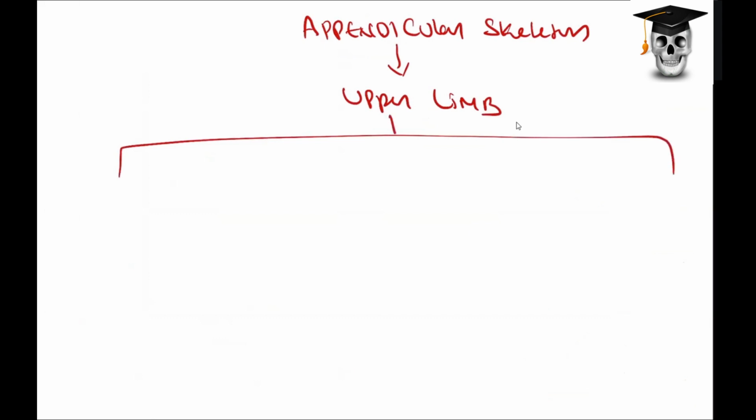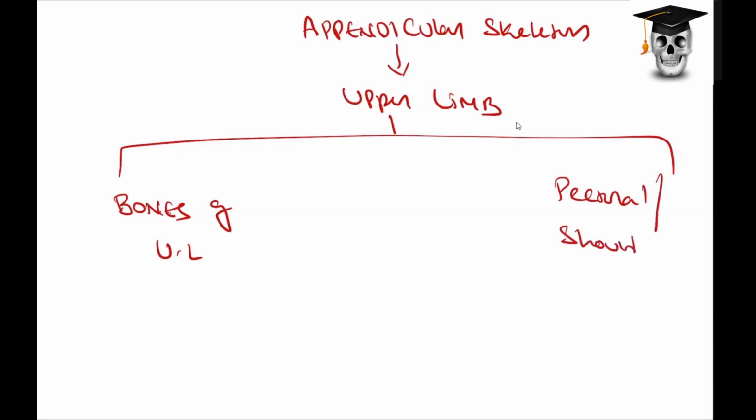One is the bones comprising the upper limb, and then we also have the girdle called the pectoral or shoulder girdle. All fine?